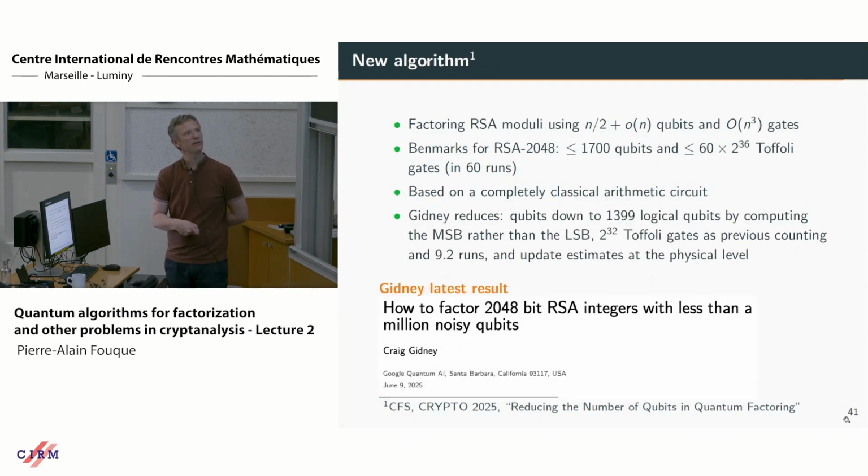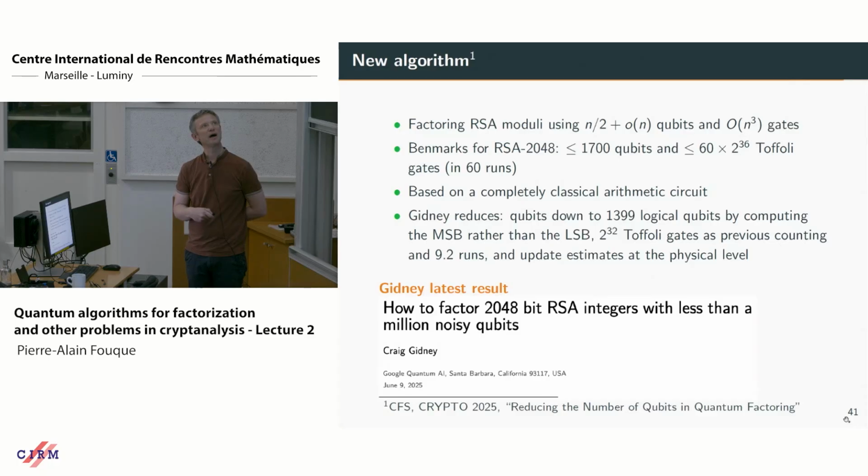And quite recently, one month ago, Craig Gidney, in fact, improved our result again. He shows that he can reduce the number of logical qubits up to this point. So he saved 300 logical qubits.